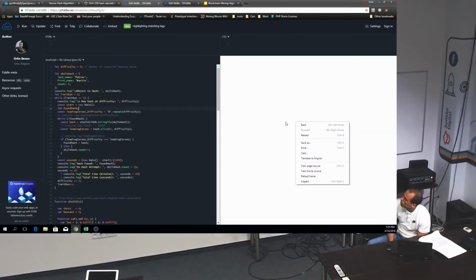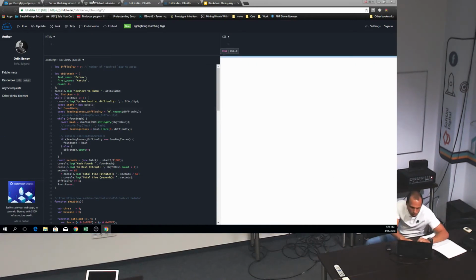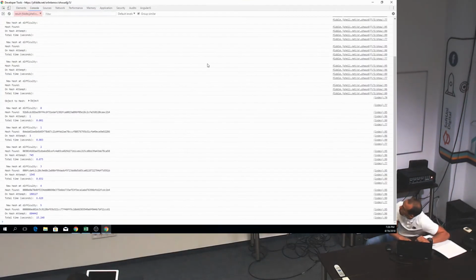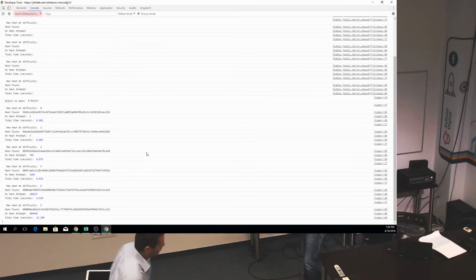So the example is pretty much trying to get the difficulty, or how many leading zeros we are supposed to have at the beginning of the hash, and we would like to see the time that the machine takes to find the first hash with this fixed amount of leading zeros.